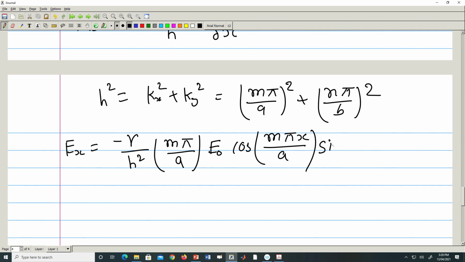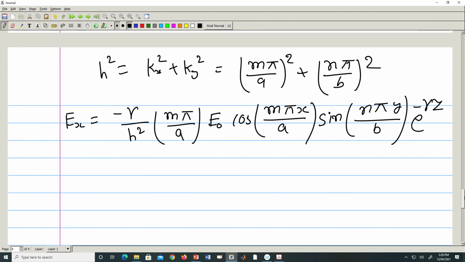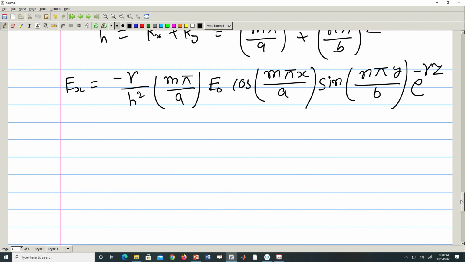Similarly, Ey from Ez can be written as minus gamma by h square del Ez upon del y.